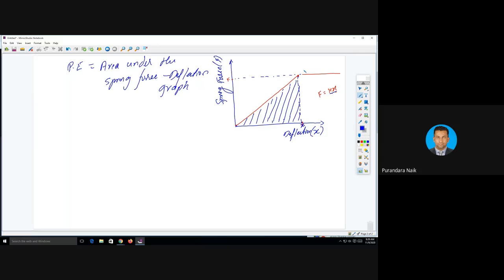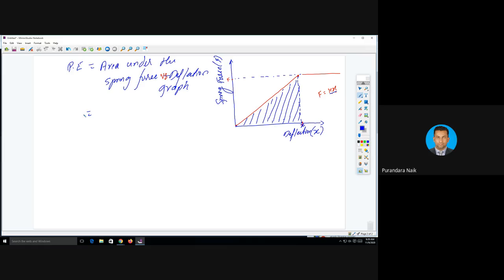Potential energy will be found by taking the area under the curve of the spring force versus deflection graph. Understood? It is equal to the area under the curve.